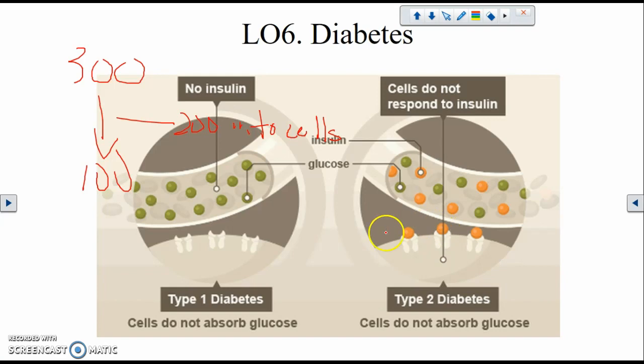And so what happens is the cells go deaf. All right? The cells, especially liver cells and muscle cells, go deaf. And when they go deaf from insulin, and again, this is an analogy, glucose can no longer enter the cell, regardless of how much insulin you actually have. All right? So that's the difference between type 1 and type 2 diabetes.